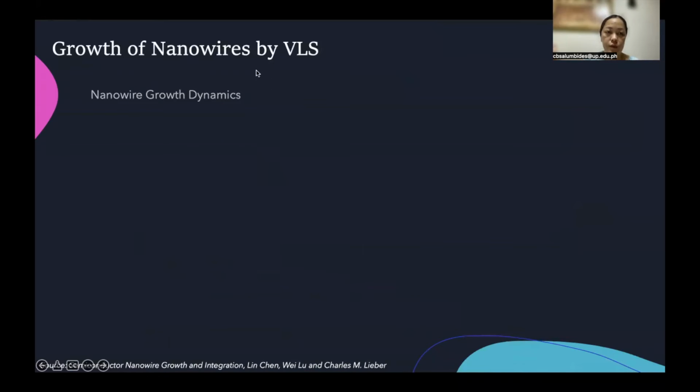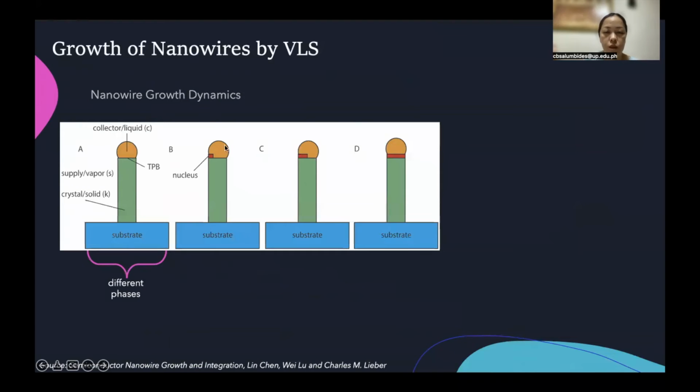So how is the growth sustained? In the schematic shown here, it simply describes the continued nanowire growth in a layer by layer fashion. So first, let's describe the different phases in the material, or the 3-phase boundary.